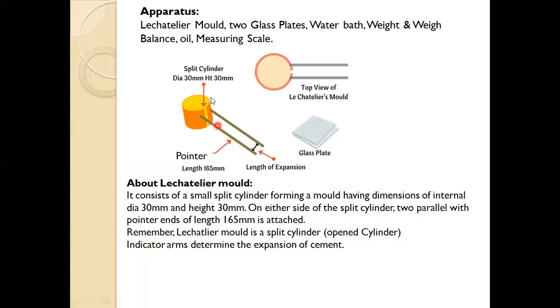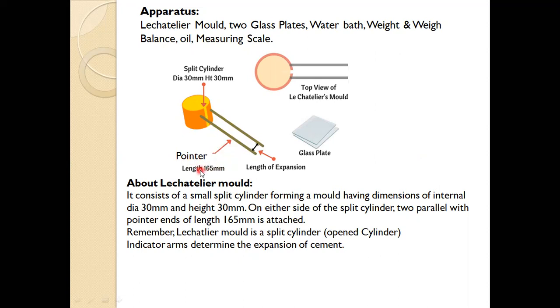First we go for the Le Chatelier mold. This is a Le Chatelier mold as shown in the figure or diagram. It contains a split cylinder having an internal diameter of 30 mm and a height of 30 mm. The cylinder is cut vertically along the height. The cut is made in this mold along the height, and two pointers are welded on each side of the cylinder.